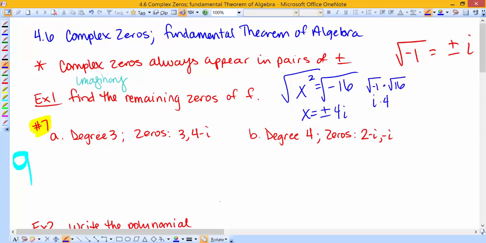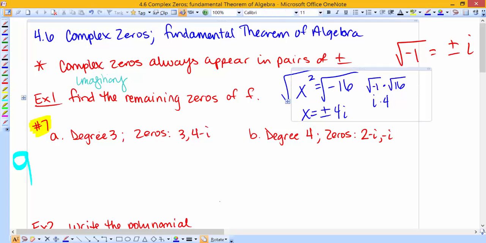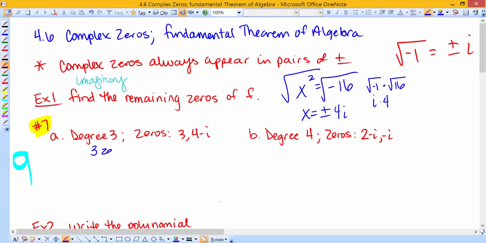So when I'm looking at example 1 and it's just finding the remaining zeros, I know I have a degree of 3, which means there will be 3 zeros. Here's one zero, so it's telling me my zeros. There's 1, 3. Here's another zero, 4 minus i. Well, right now that's only 2 zeros. So I am missing 1 zero.